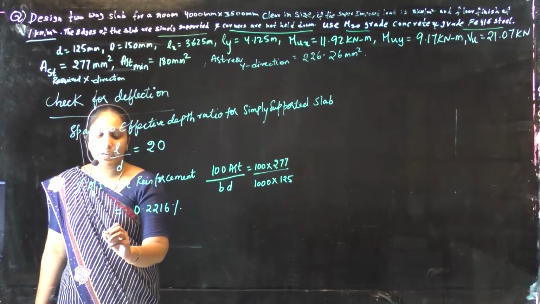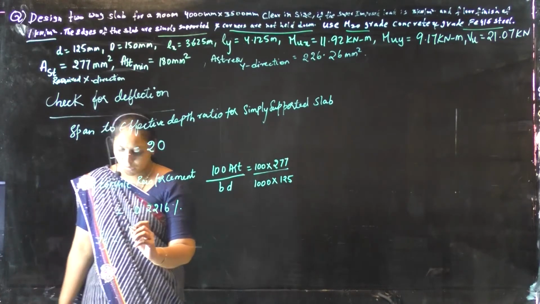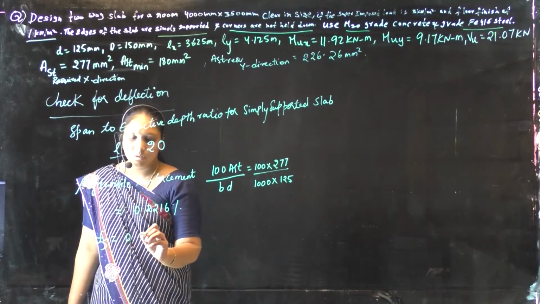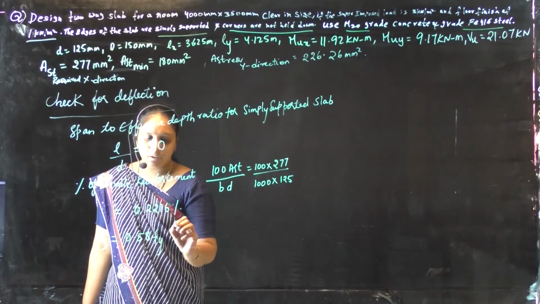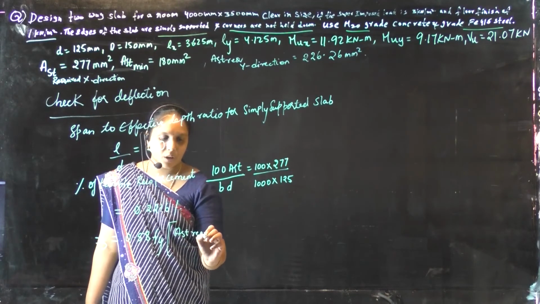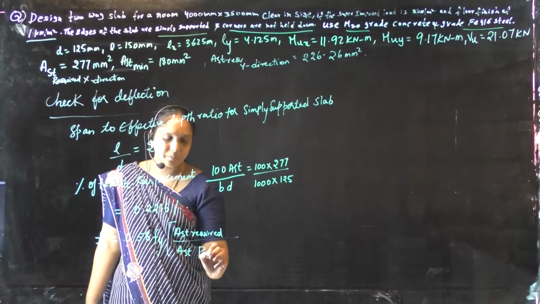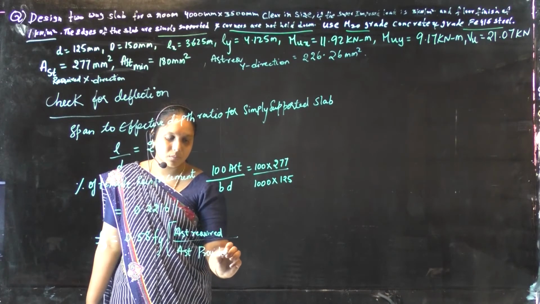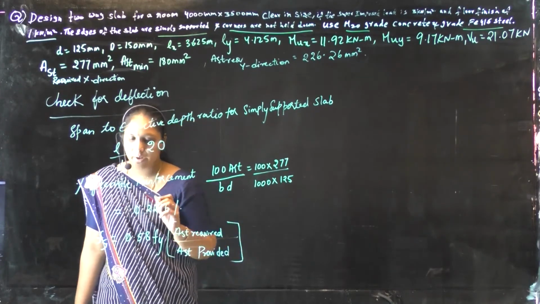It is calculated using the equation Fs equals 0.58 into Fy into Ast required divided by Ast provided.